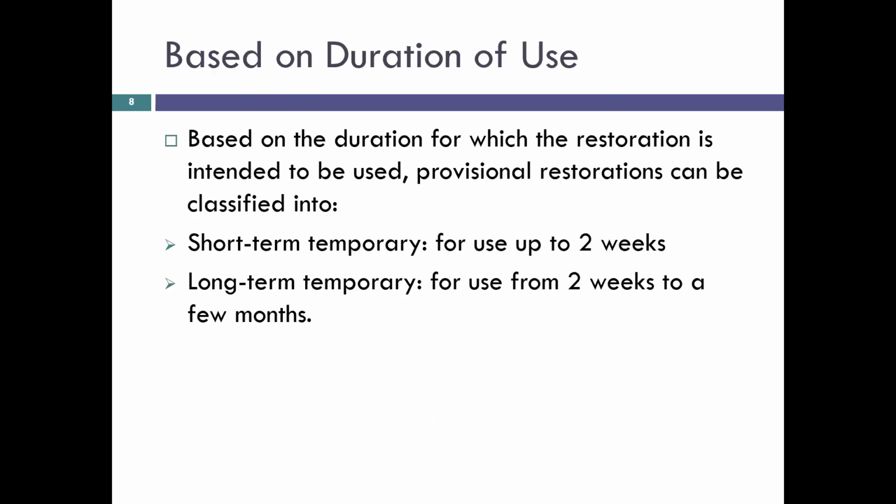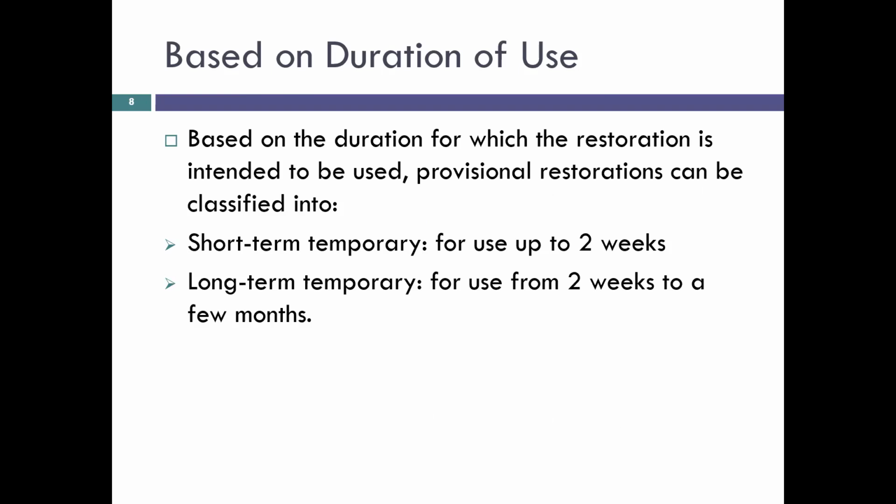Now, again, classification based on the duration of use. We have already studied two classifications. One was according to the types of crown, which were metal crowns, plastic crowns, and cellulite crowns. Then we studied the fabrication technique, that was direct technique, indirect technique, direct indirect technique. Now, the third classification is based on duration of use.